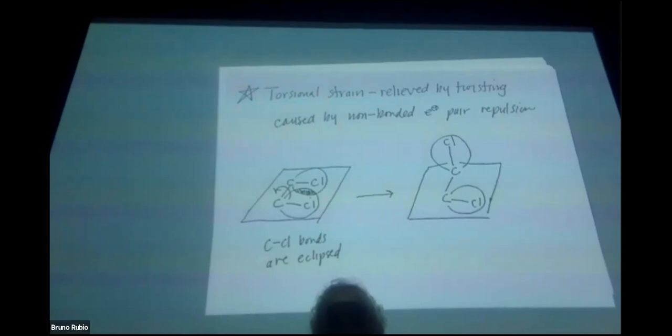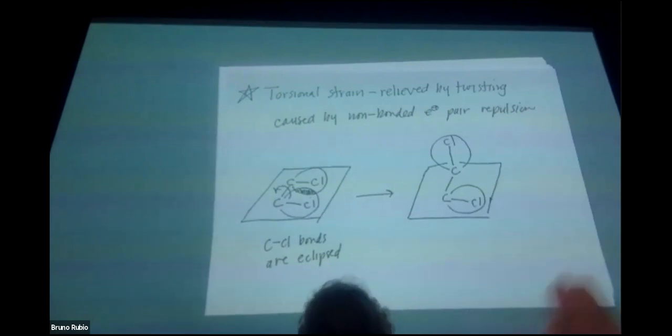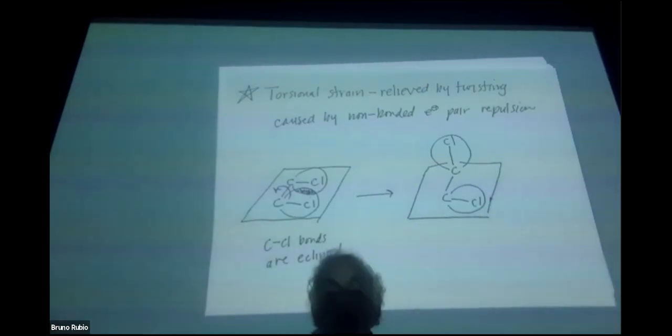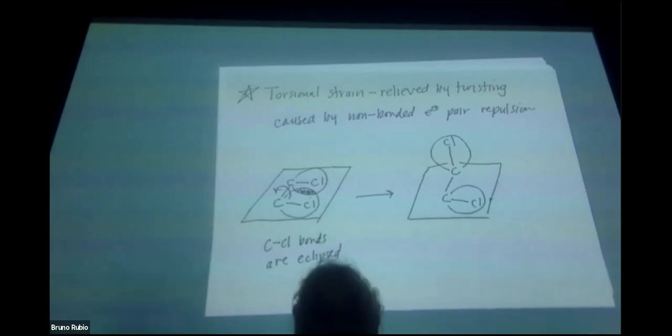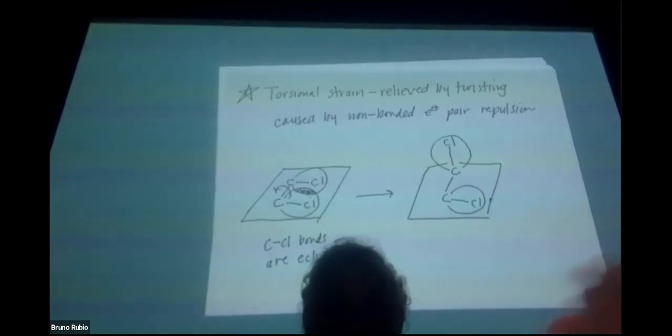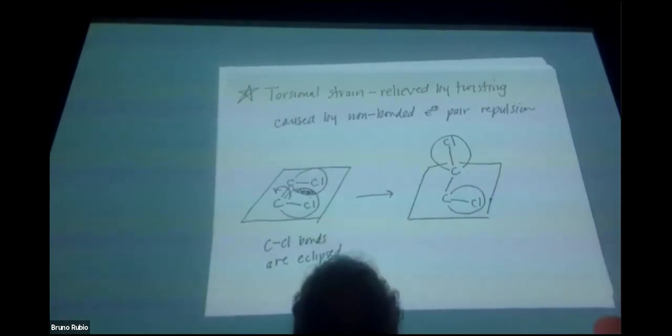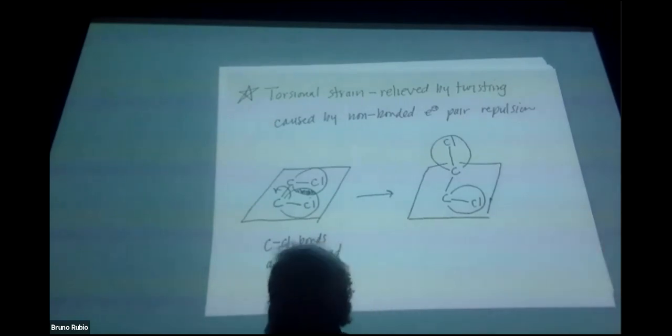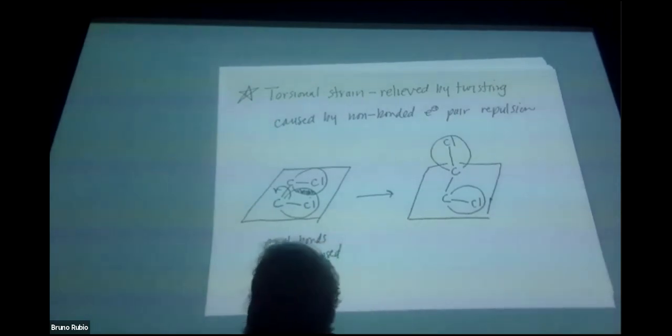Now those carbon-chlorine bonds aren't on the same plane anymore. They aren't eclipsed, they don't lie on the same tabletop, and the repulsive zone of interpenetration has been relieved.